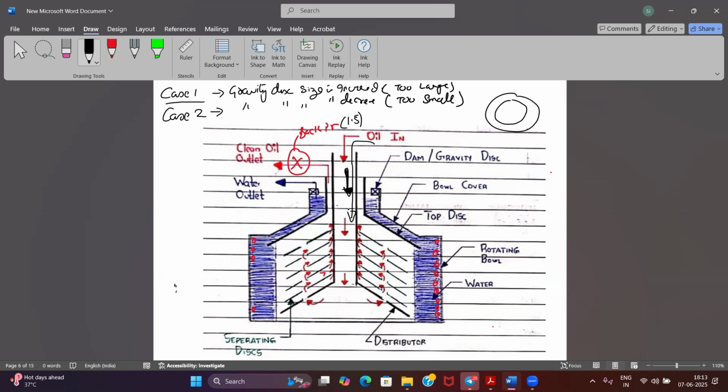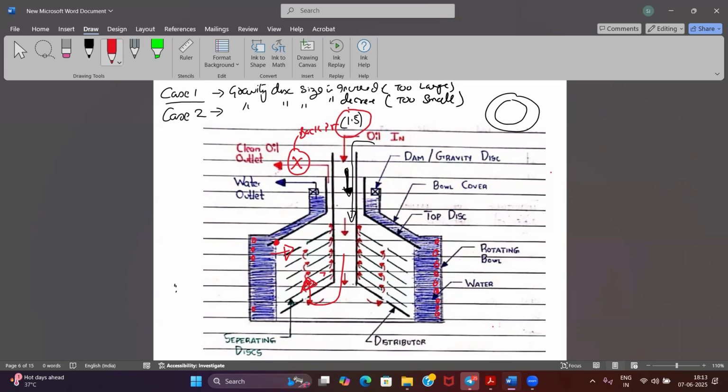will also affect my interface. Suppose now everything was going good and this was my interface, exactly at this point. Now I reduce the quantity of fuel. What is going to happen? Oil will come out from the water side. The interface will shift inward. Agreed. Now, if less oil is coming, this pressure will also fall. Before, 1.5 bar was the back pressure.